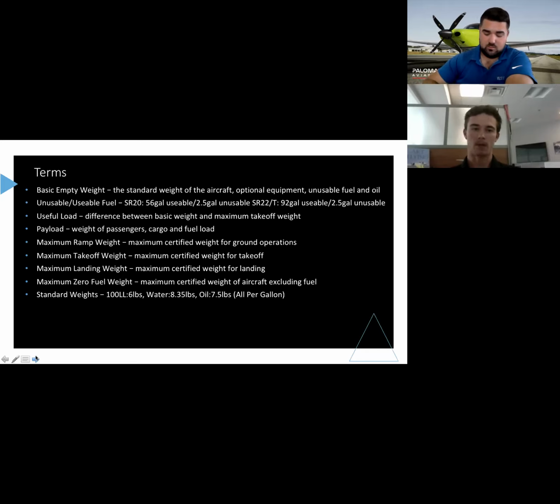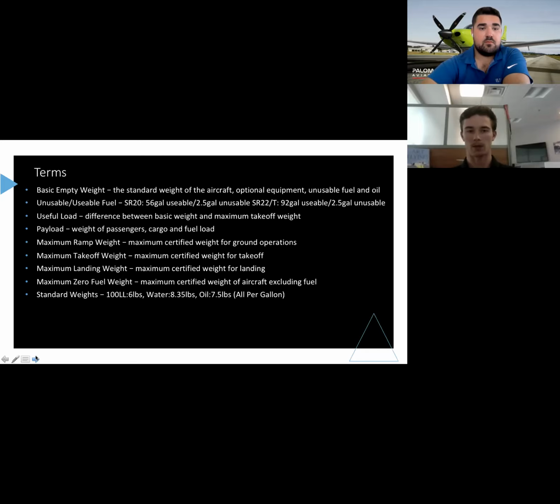Now we have the maximum zero fuel weight, which is the maximum certified weight of the aircraft excluding the fuel load. Now the SR20 does not have a maximum zero fuel weight, whereas the 22 and 22 Turbo do have a maximum zero fuel weight, which for the 22 and 22 Turbo, 3,600 pounds being the maximum takeoff weight, and 3,400 pounds being the maximum zero fuel weight.